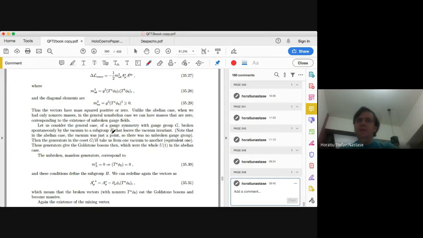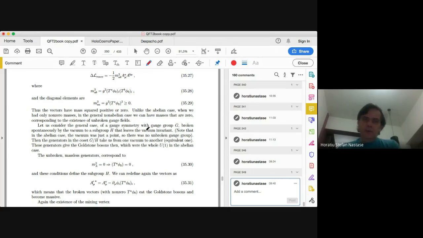So phi 0 is invariant under the action of the subgroup H. Now, comparing to the Abelian case, the vacuum was just a point. So there was no unbroken gauge group. There was no way to act on it to leave it invariant.